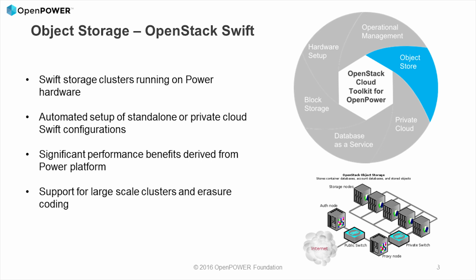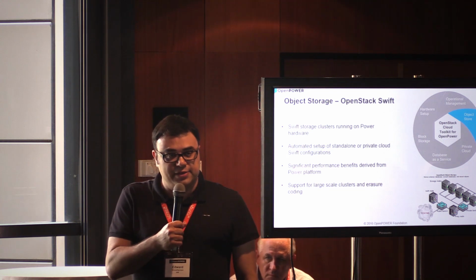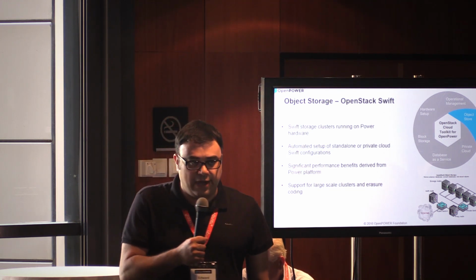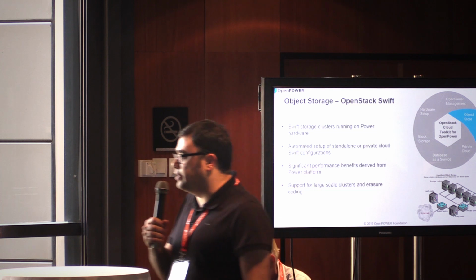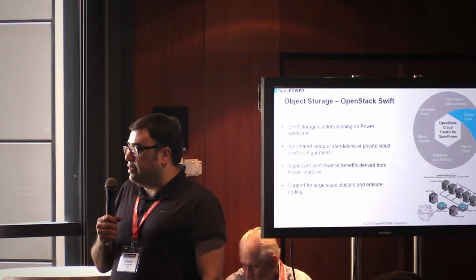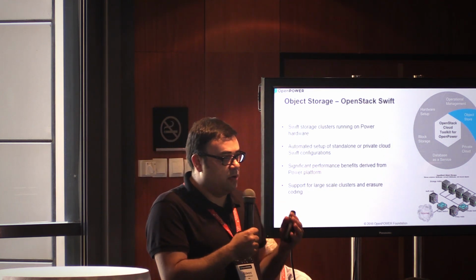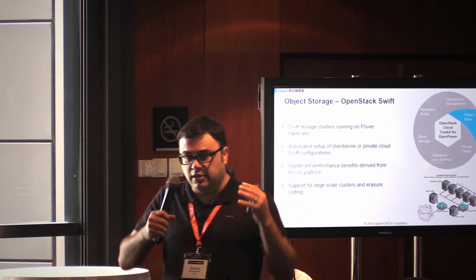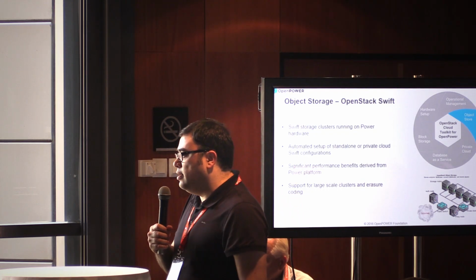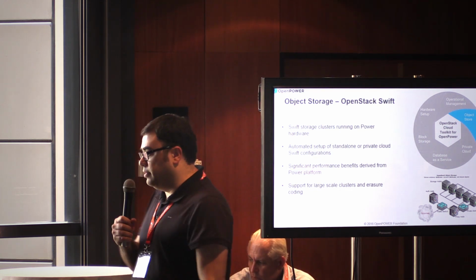By running on OpenPOWER, we've done some preliminary performance studies, and we showed that we have a significant advantage running Swift on OpenPOWER compared to x86 hardware. And the toolkit can automate either a standalone implementation of Swift or Swift as part of a greater private cloud. And we have support for fairly large-scale implementations.